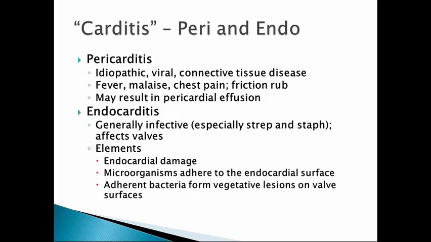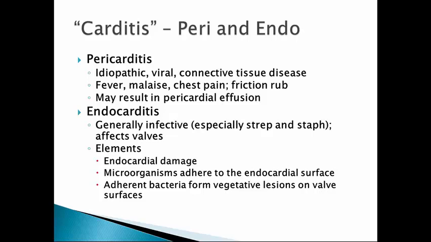But generally, we think about a pericarditis as being inflammatory or infective. So you would look for signs of inflammation or infection: fever, malaise, chest pain, and friction rub. Unfortunately, less than 50% of individuals with pericarditis will actually develop a friction rub. But if you hear it, you're pretty sure that they do have a pericarditis.